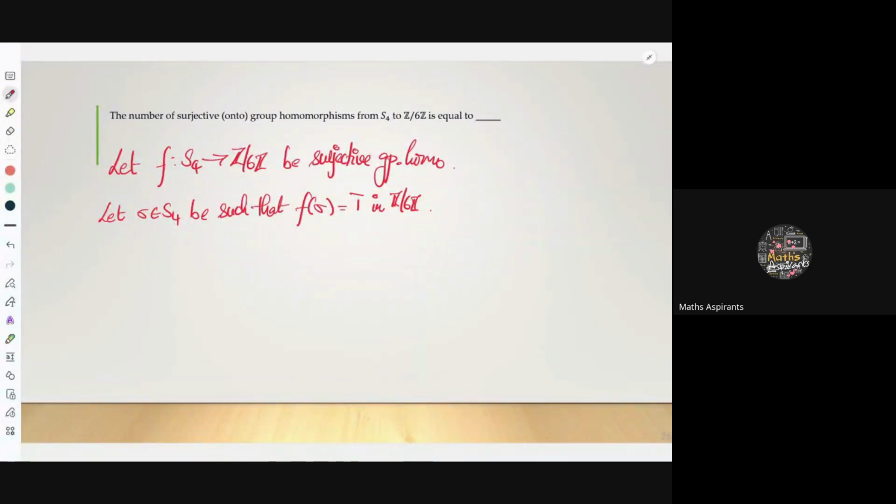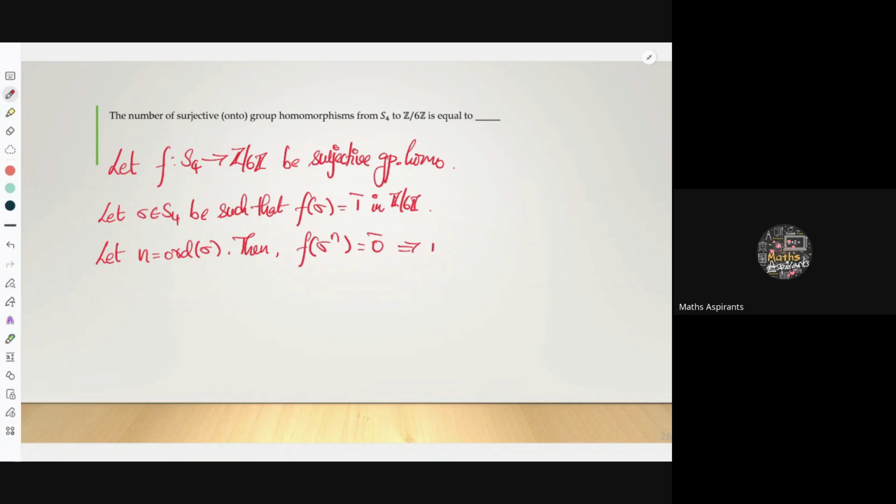So let n be the order of sigma. Then f of sigma power n is 0 bar. Why? Because sigma power n is the identity, and identity always goes to identity, which is 0 bar.